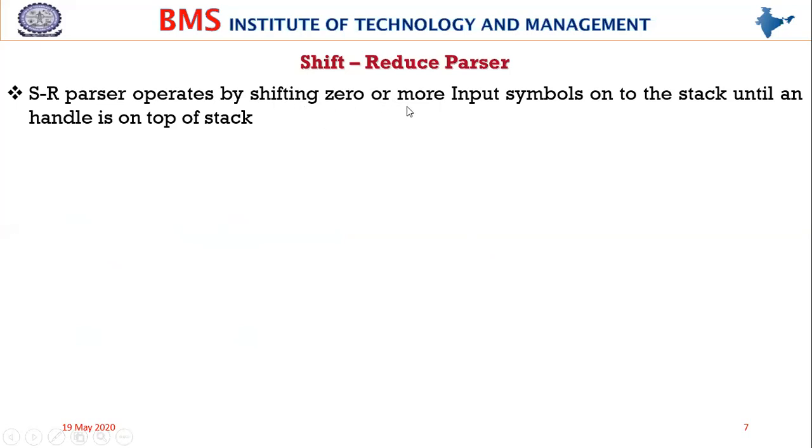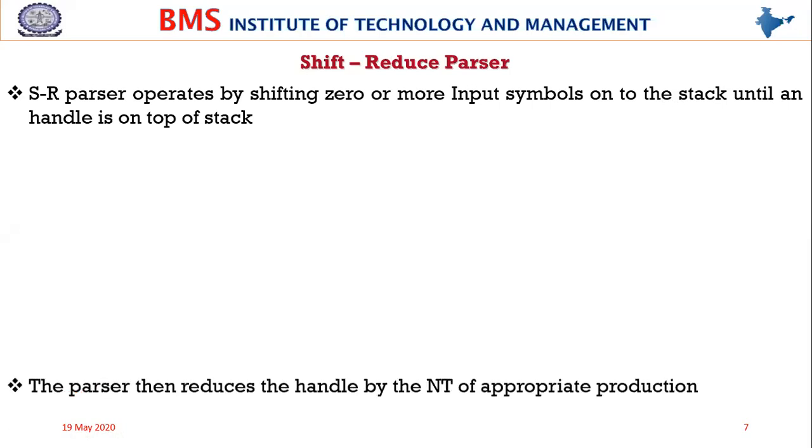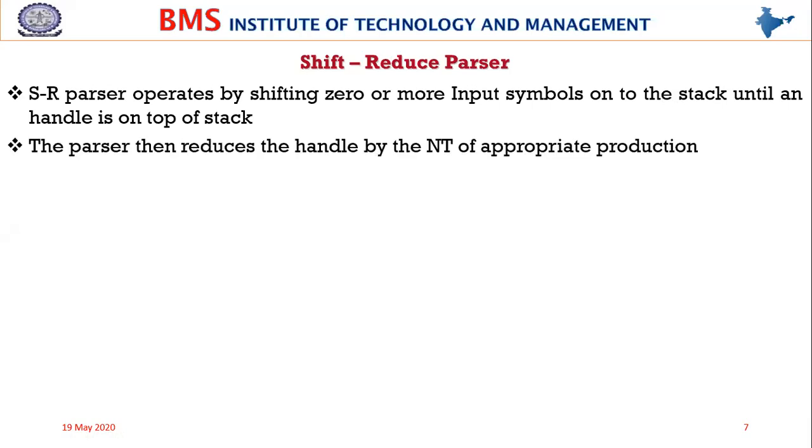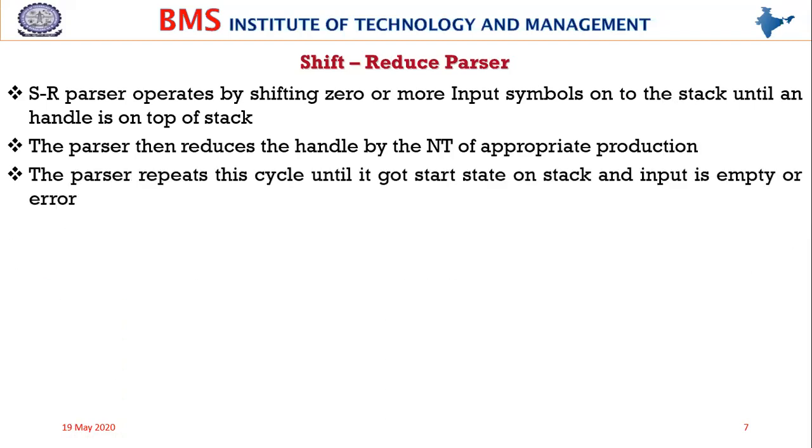Shift it from the input buffer to the stack. This shift will keep happening until the handle is on top, so that we can replace this handle by an appropriate non-terminal if we have a production in our grammar. The parser then reduces the handle to the non-terminal by using the appropriate production.